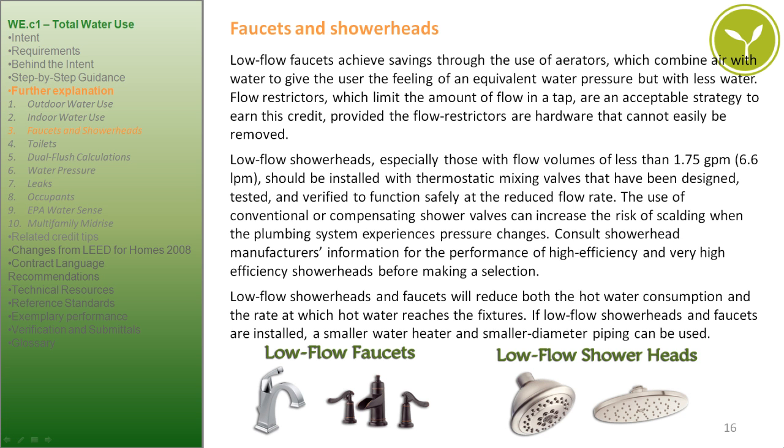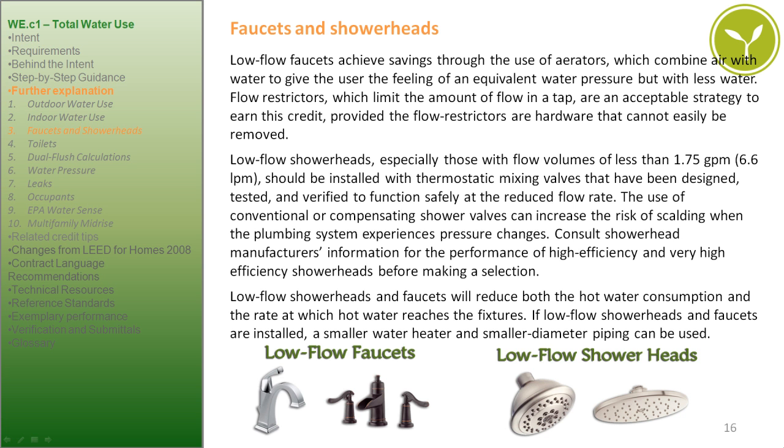Flow restrictors, which limit the amount of flow in a tap, are an acceptable strategy to earn this credit, provided the flow restrictors are hardware that cannot easily be removed. Low-flow shower heads, especially those with flow volumes of less than 1.75 gallons per minute or 6.6 liters per minute, should be installed with thermostatic mixing valves that have been designed, tested, and verified to function safely at the reduced flow rate.